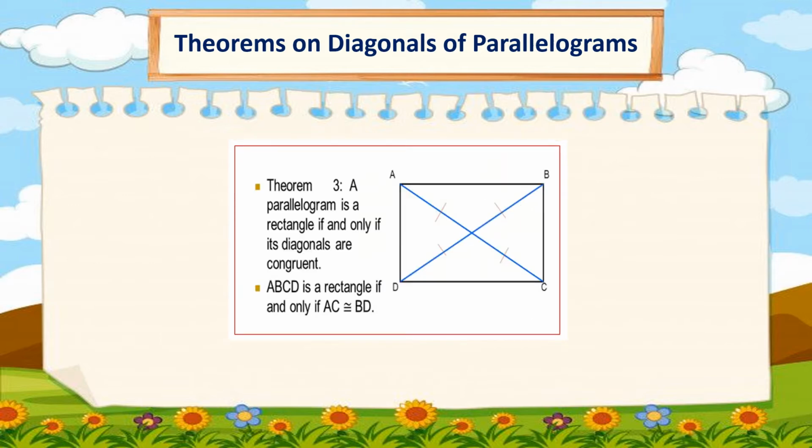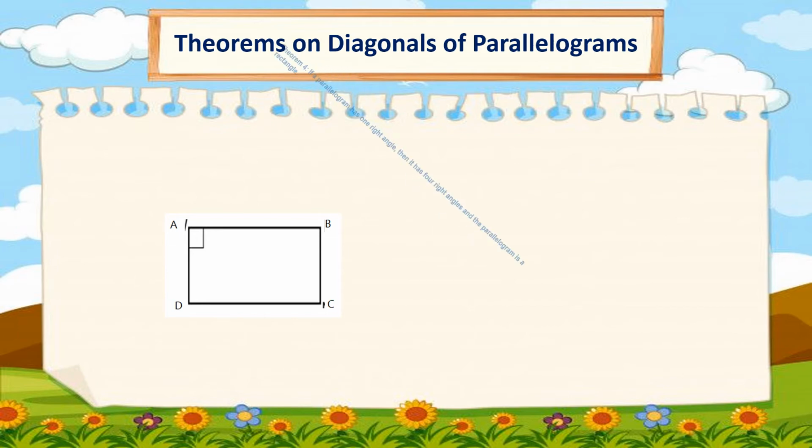Third theorem. A parallelogram is a rectangle if and only if its diagonals are congruent. So say for example, we have parallelogram ABCD. ABCD is a rectangle if and only if diagonal AC is congruent to diagonal BD.